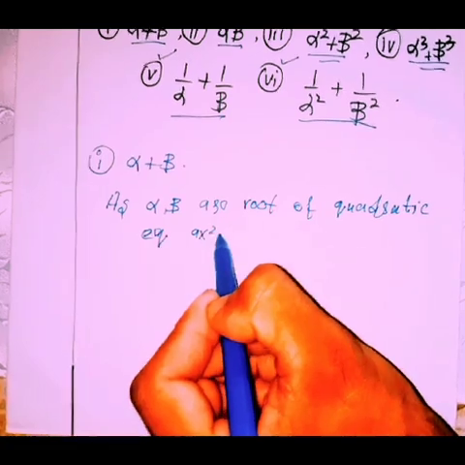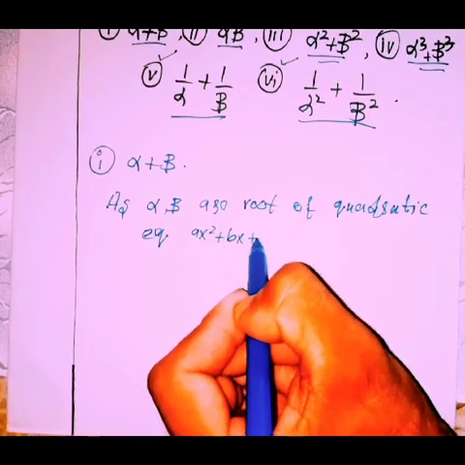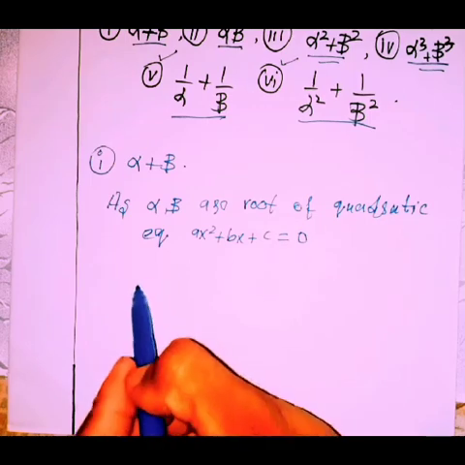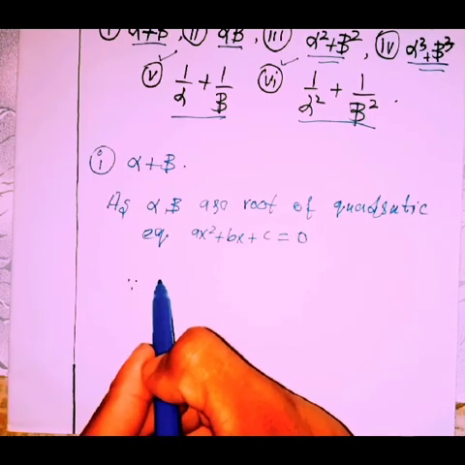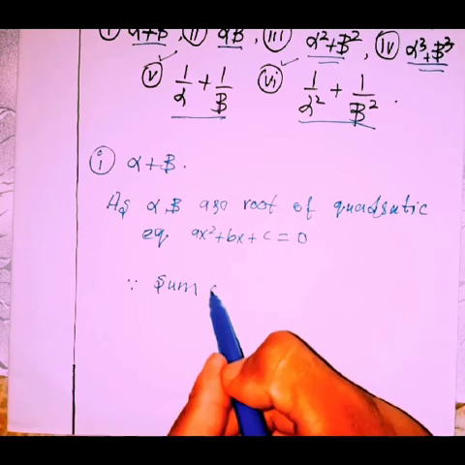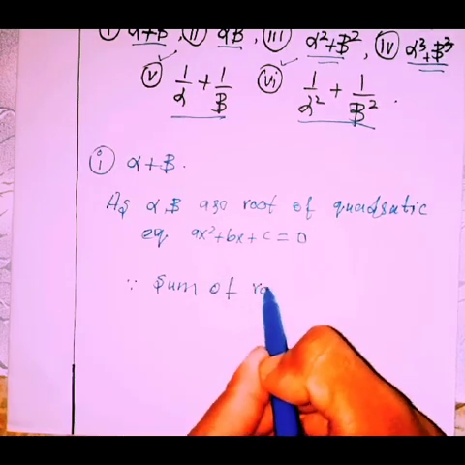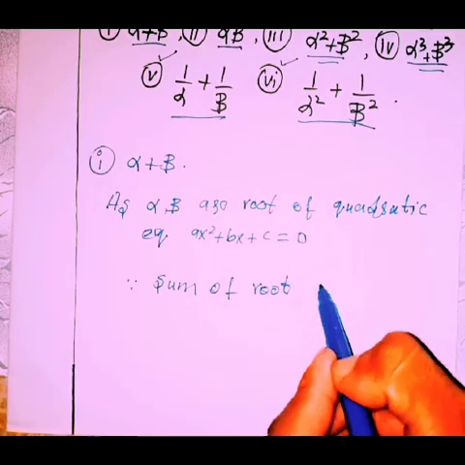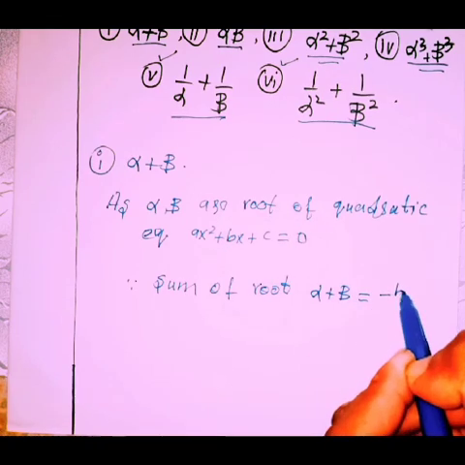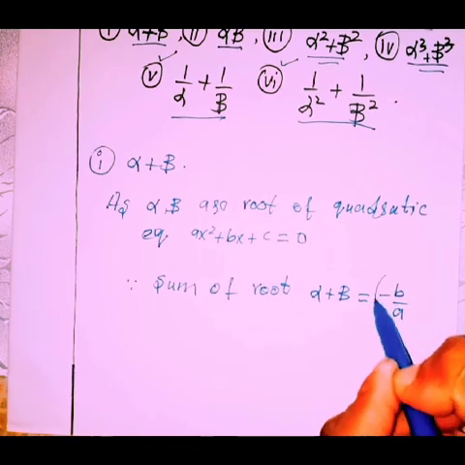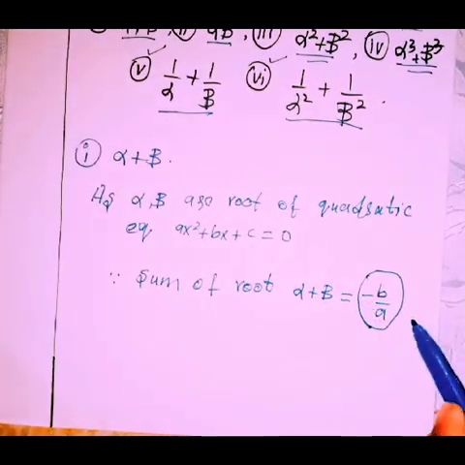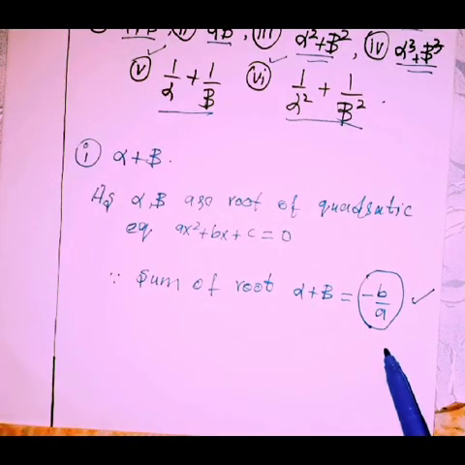As alpha and beta are roots of a quadratic equation ax squared plus bx plus c, we know that the sum of roots, which is alpha plus beta, is equal to minus b divided by a. This is the value of the sum of roots of a given quadratic equation.